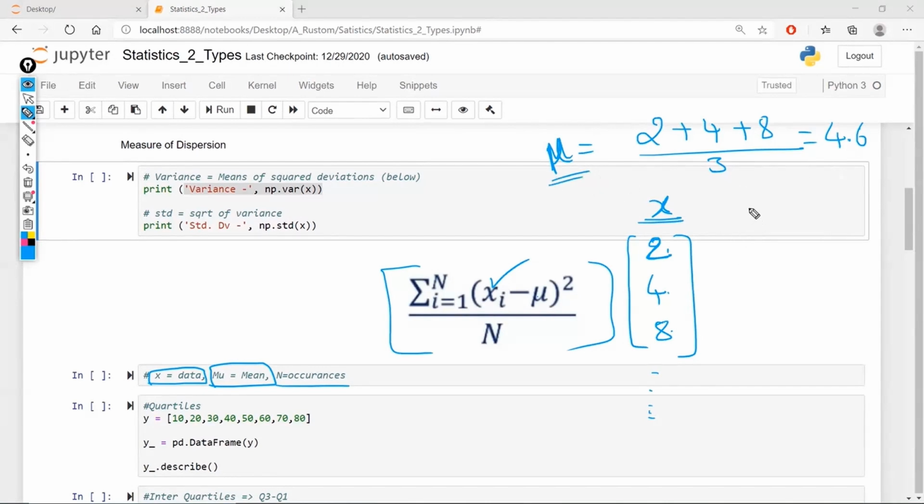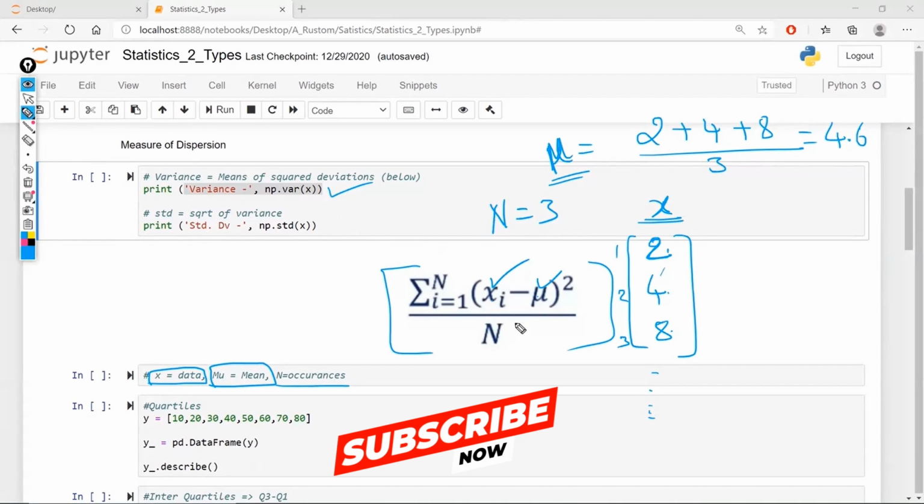Then how am I going to interpret this? Mu we got, x we have already, and n is the number of occurrences. How many occurrences? 1, 2, and 3. N equal to 3. Now you can simply place that and you will get the variance. Behind the scenes, I don't need to manually do all this calculation.